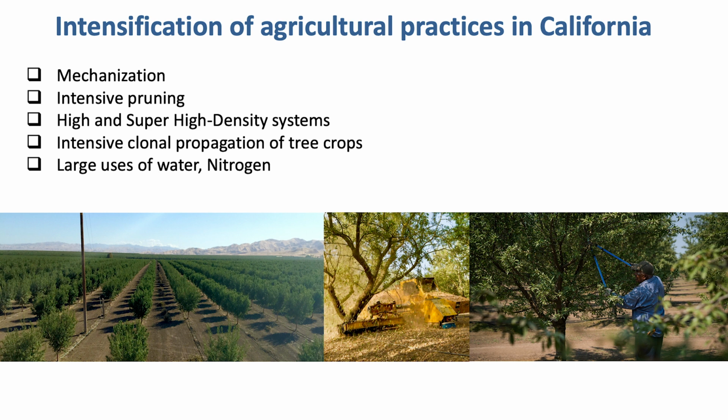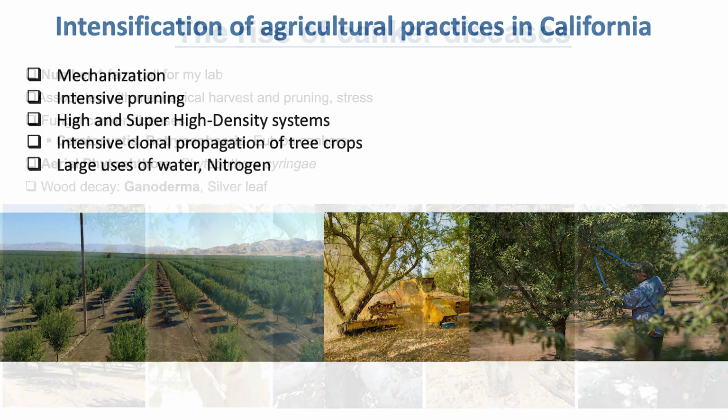We sometimes work with clonal propagation material, so if one clonal line is susceptible, all plants will be susceptible. And we tend to also have large inputs of water and nitrogen that can create conditions favorable for pathogens and disease expression.